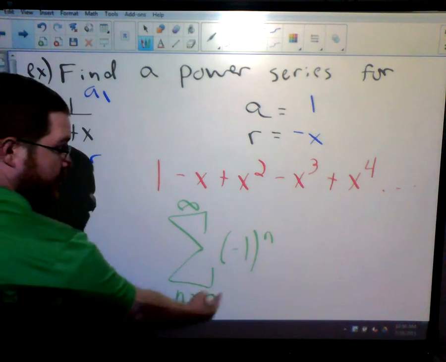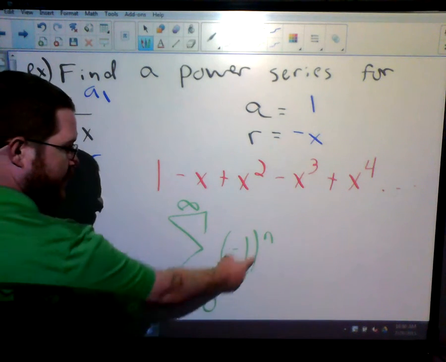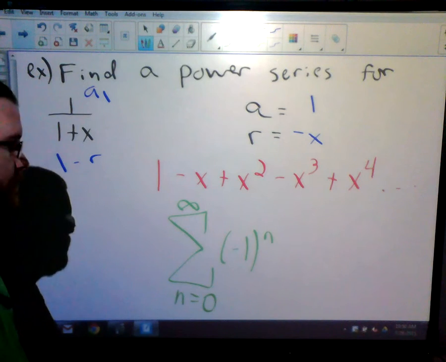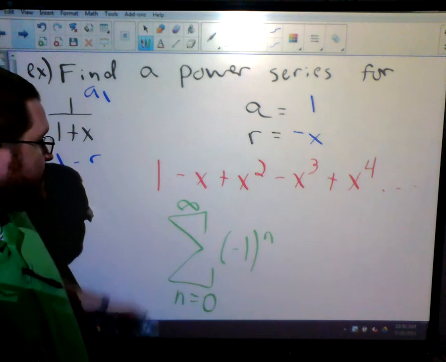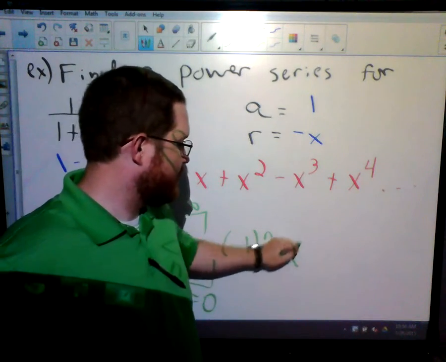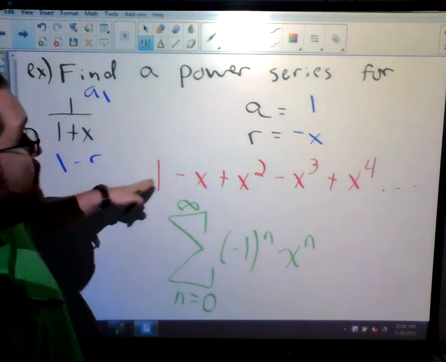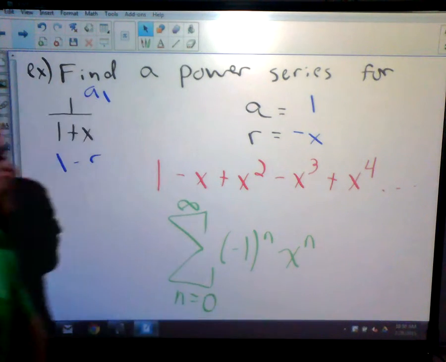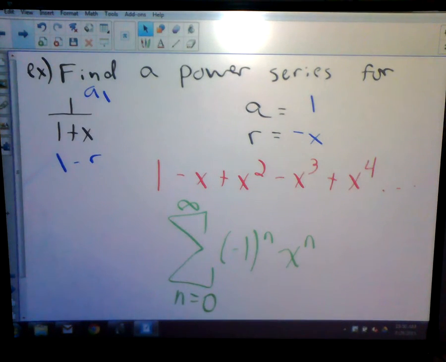Does that work? If you plug in 0, you get a positive. If you plug in 1, you get a negative. If you plug in 2, you get a positive. So that part's good. Now what about the powers on x? No x, 1 x, 2 x, 3 x, so it's x to the n. So that's your power series, and that's the general term. Okay?